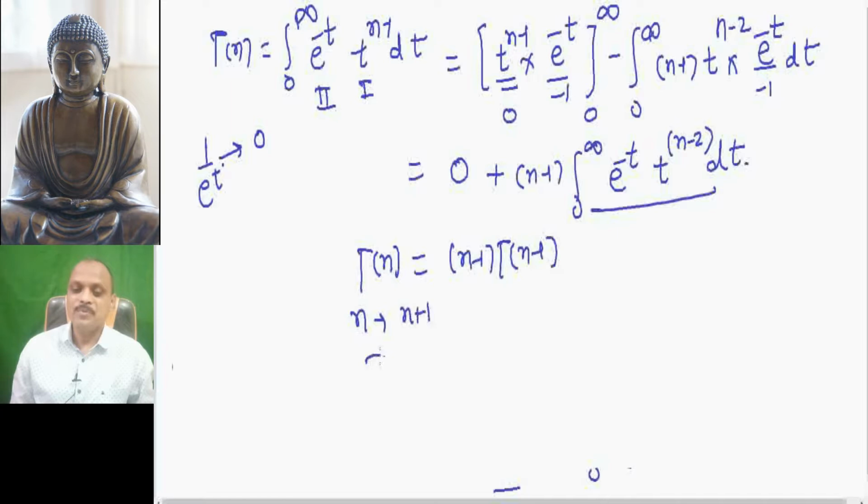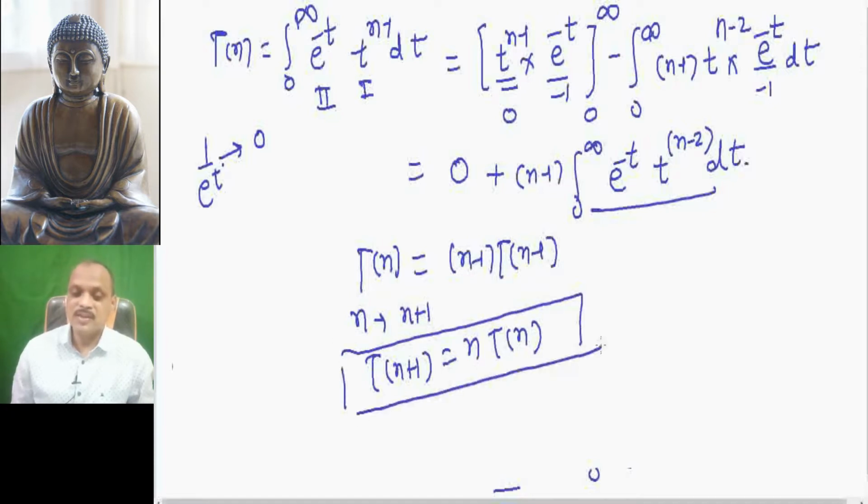Now if we put n by n plus 1, then gamma of n plus 1 equal to n into gamma of n. This is an important result we get about the value of gamma, right? Now if we continue this, then n into gamma of n is n into (n minus 1) into gamma of n minus 1.